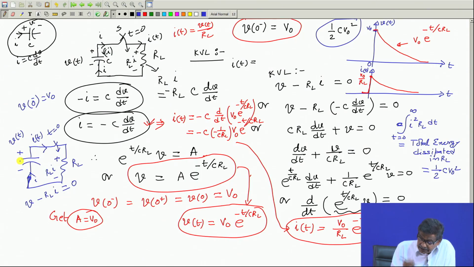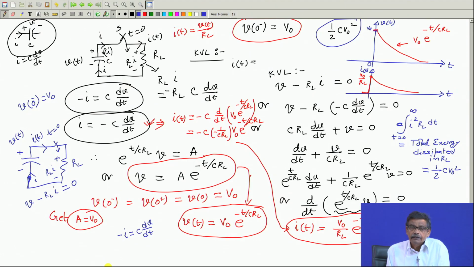I must say it is minus I, and this minus I will be C dV dt. That is the point to be noted, and that you put it here and then proceed. I hope you have understood this point very carefully.